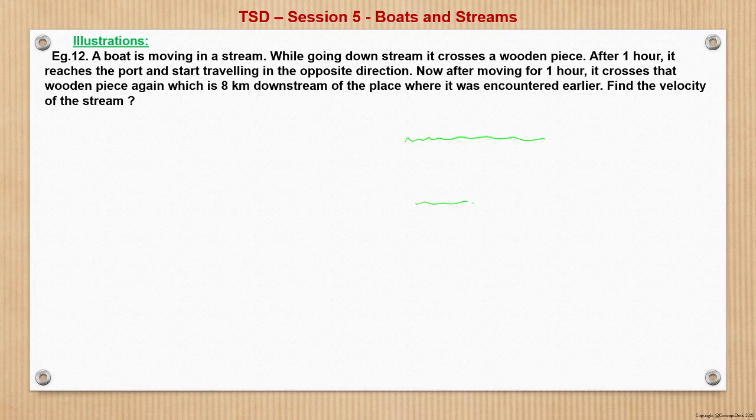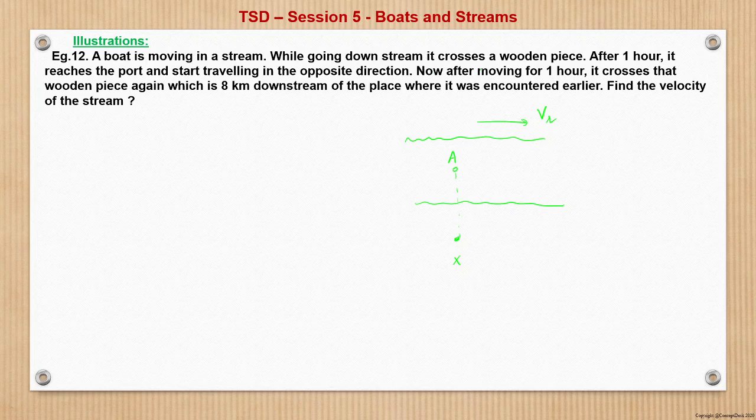This is a stream, a boat is moving here. So suppose this is the boat. When going downstream, it crosses a wooden piece. So water is moving, say, at a speed VR in this direction. Let this point be A here, and on the ground let the corresponding point be X. Suppose after 1 hour, it reaches the port and starts traveling.